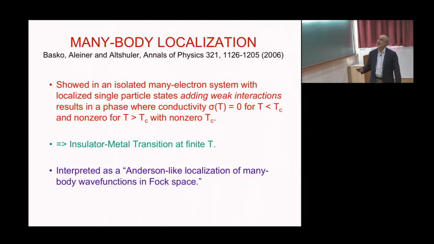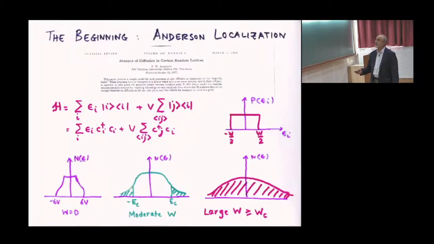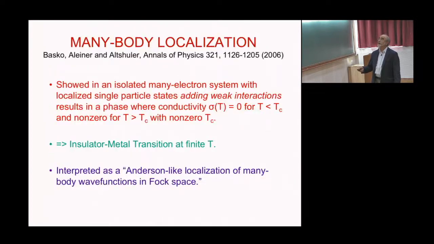What they showed was that in an isolated many-electron system, if you start from the Anderson localized state, that is, you start somewhere here, at very large disorder, and then put in interactions perturbatively, they got this amazing result that the conductivity is 0 below a certain temperature and is non-zero for higher temperature. So you have an insulator to metal transition at finite temperature, which they interpreted as an Anderson-like localization of many-body wave functions in Fock space.